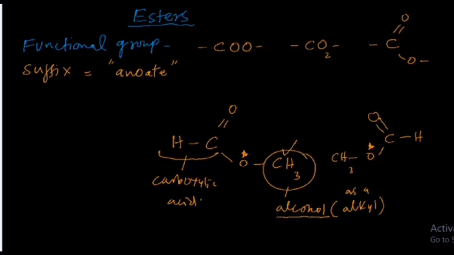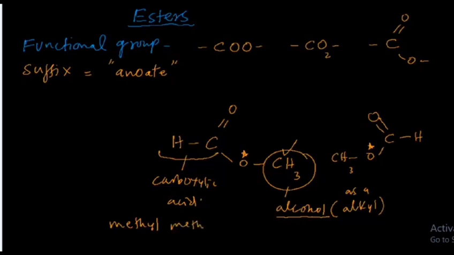If there is just one carbon, methyl; two carbon, ethyl; three carbon, propyl; four carbon, butyl. So I will have to write down the name from this group because it contains one carbon, so this is methyl. Now count the rest of the carbon. This part contains just one carbon, so this is also meth.